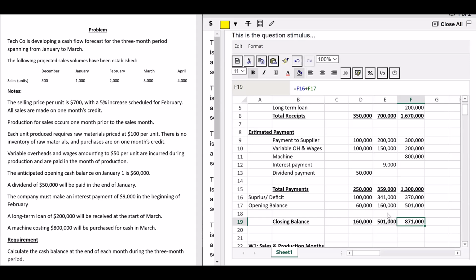Since there is no deficit at all, the tech company can plan how the surplus has to be utilized, whether for expansion, for other investment purposes, or for paying a higher dividend to the shareholders. So this closing balance is going to help the company plan its resources ahead.